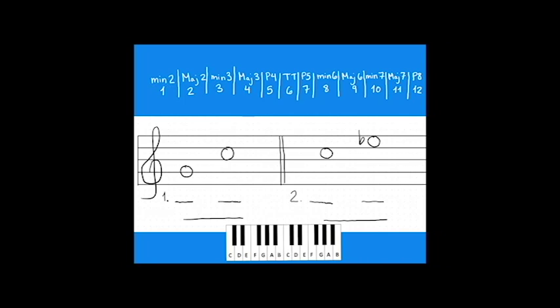Let's take 2 more examples to practice naming intervals. So the first step is going to be to just write in the names of the 2 notes. So looking at number 1, we have G and we have C. Then the next step is going to be to count the number of lines and spaces it takes to get from the first note to the second note. And remember that the first note is 1.